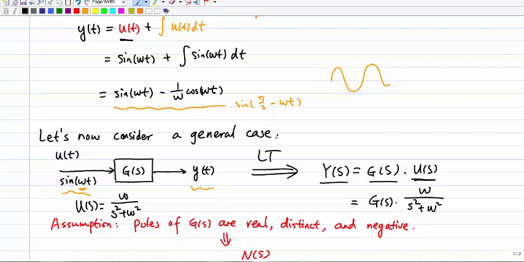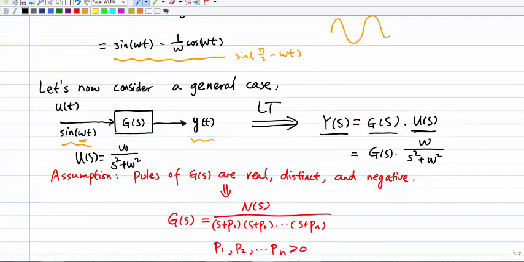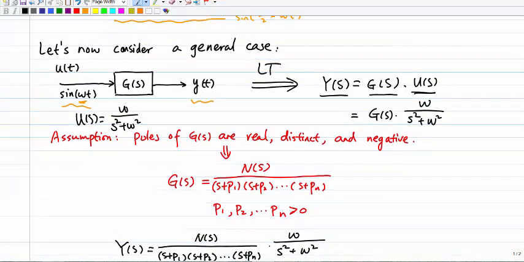So I plug that into U(s) over here and get G(s) times w divided by s squared plus w squared. To make our life easier, we assume that the poles of G(s) are real, distinct, and negative, which means the system is stable. We make them distinct so the computation is easy. Even if they're not distinct, the computation would be the same, but more complicated.